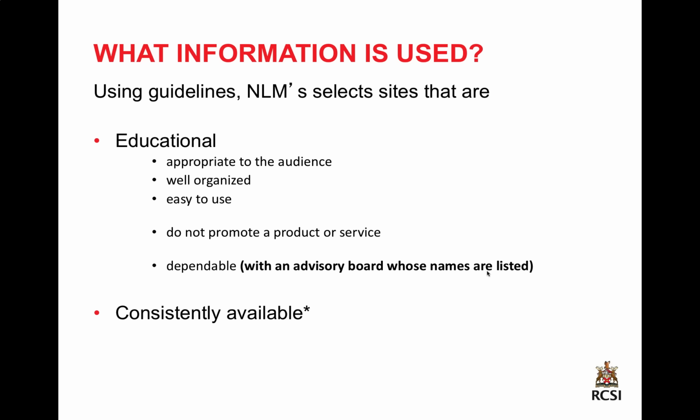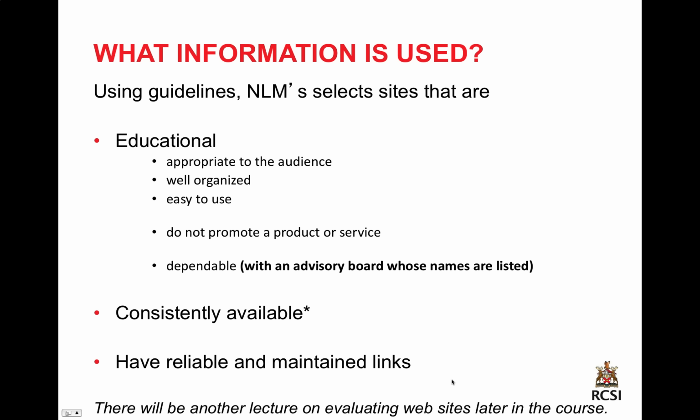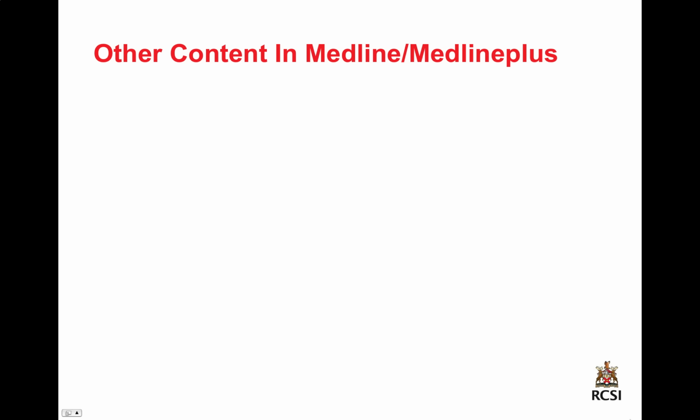It may seem like a rather unusual criterion, but if the site isn't available all the time and isn't accessible all the time, then it's not reliable, and it's not appropriate if people can't get access to it. And also, if there are links within the site, they have to be maintained. So what we're looking at: educational, consistently available, and well maintained. We'll look back at evaluating websites. I look forward to that in another lecture.